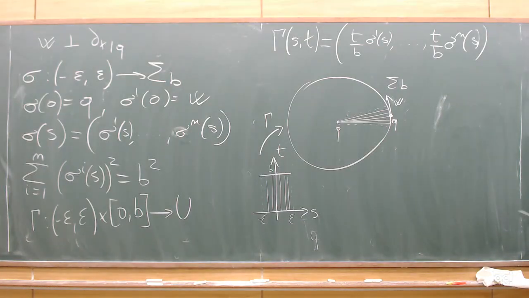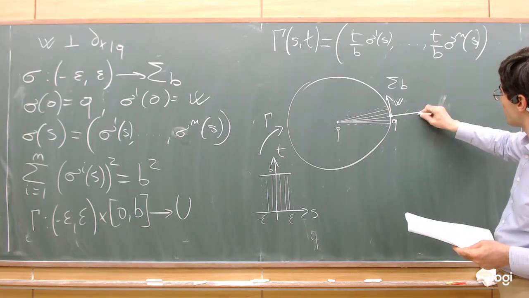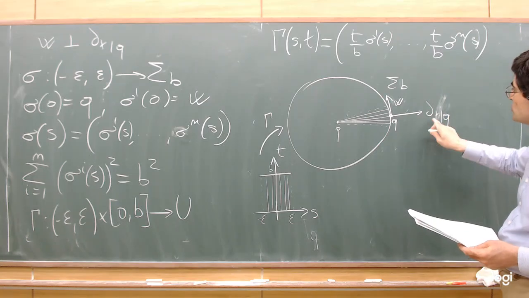And we want to prove that delta r at Q is orthogonal to w.